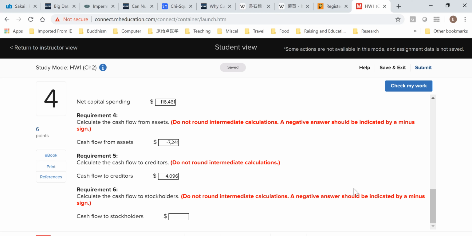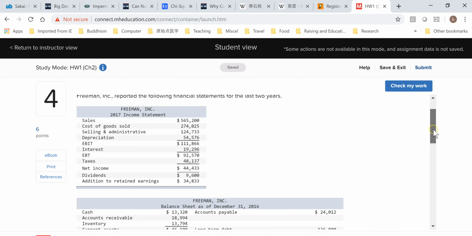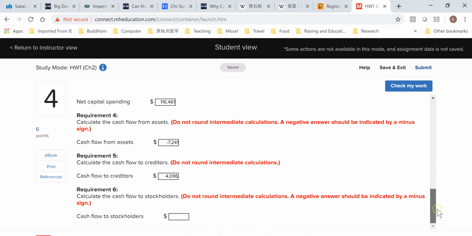So the first type is the dividend, which is available from the income statement. The second type, similar to the creditors, is when the firm is issuing new stock. The firm is collecting money from the stockholders, and for the stockholders, it's paying money, so from their perspective, that's a negative cash flow.